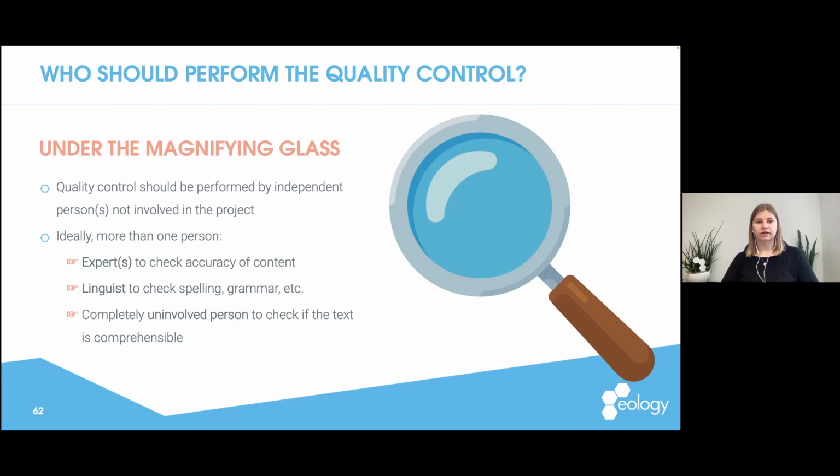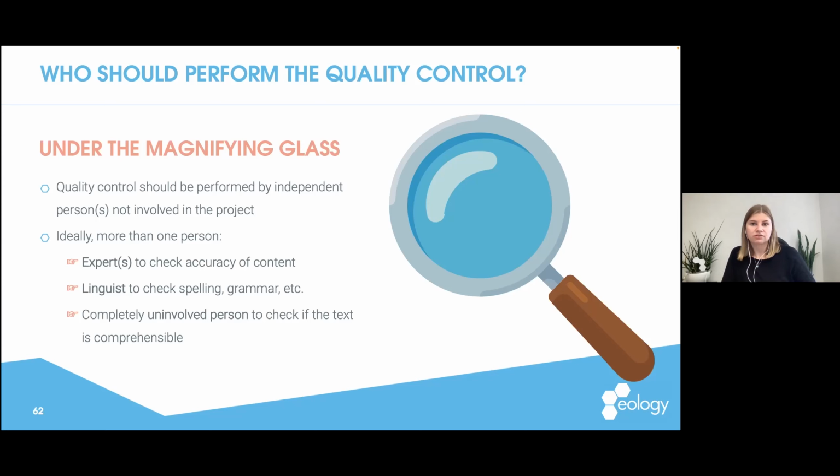For example, there should be experts that check the accuracy of your content. There should be a linguist to check spelling, grammar, and wording. And even a completely uninvolved person to check if the text is comprehensible, if the user can get into this topic easily.